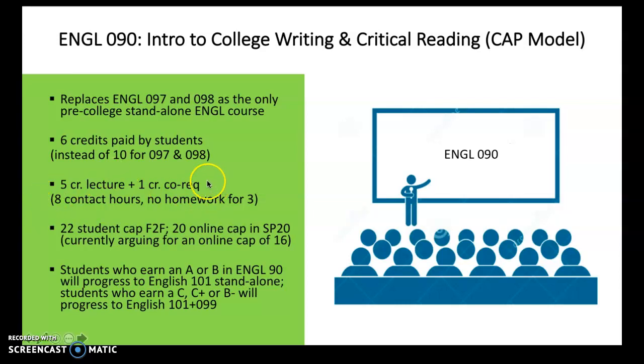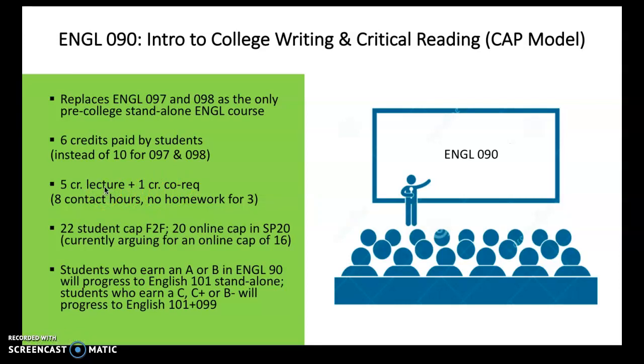The 1 credit of co-requisite time, on the other hand, entails 3 contact hours for the teacher and the students, but for those 3 contact hours, there's no expectation of outside homework or activities that students complete for class. They come into the class specifically to get guidance and help on the assignments that they're doing for the 5 credit lecture class for English 90. So it's important to keep in mind that there's 2 distinct purposes for class time in how you teach the co-requisite.